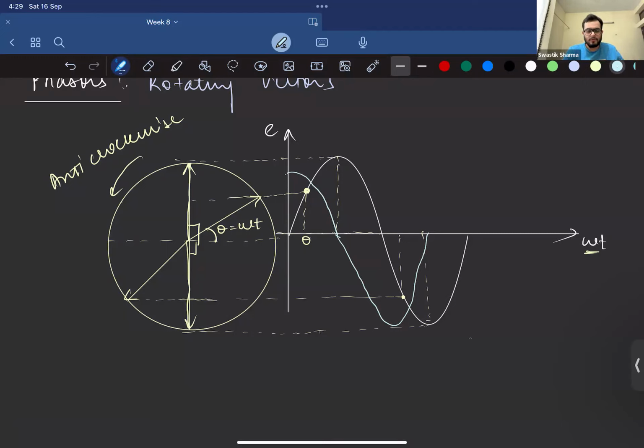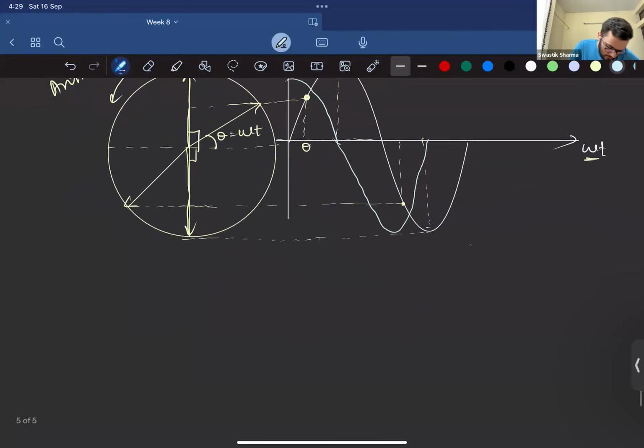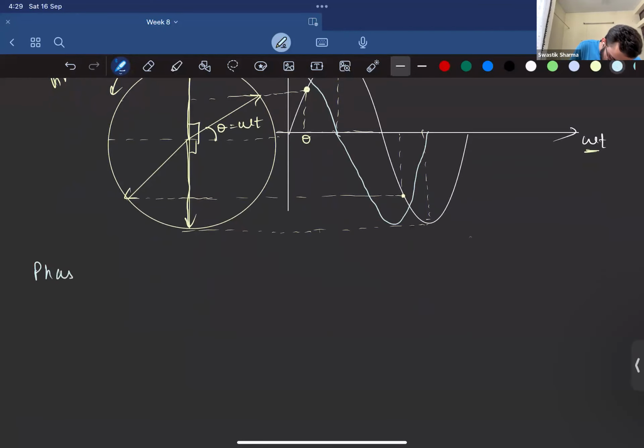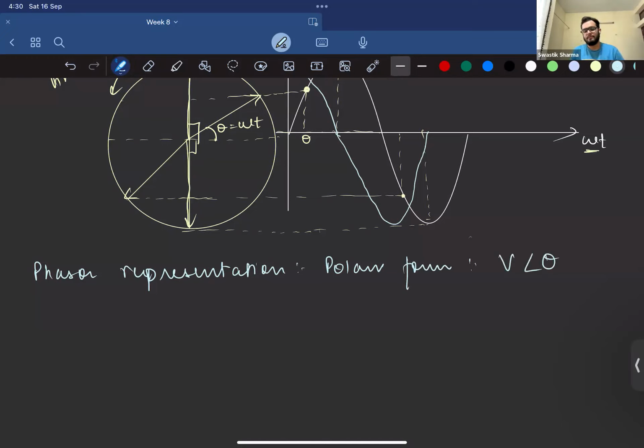Right. So let's move on to other concepts that we wanted to discuss. Phasors are represented in more than two forms, let's say. One is polar form, where the magnitude and the angle are represented like this, with the magnitude in front of the angle component.